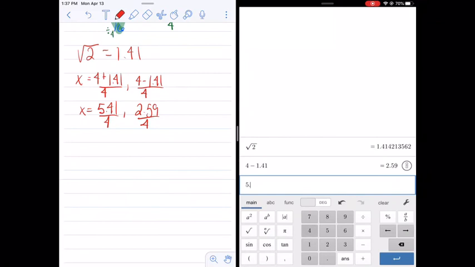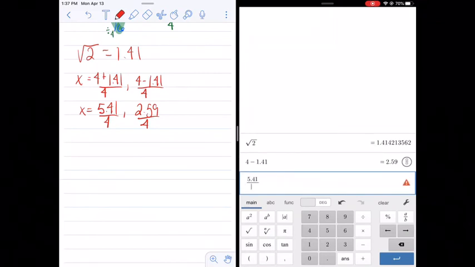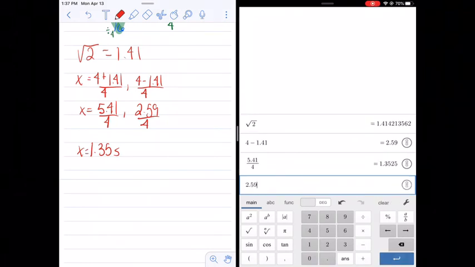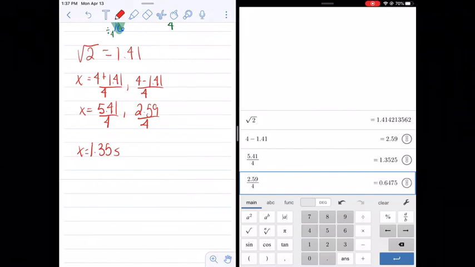Okay, and so now we're going to divide these. So 5.41 divided by 4, you get 1.3525, rounded off, so it becomes 1.35 seconds. Okay, and then 2.59 divided by 4 is about 0.65 seconds.